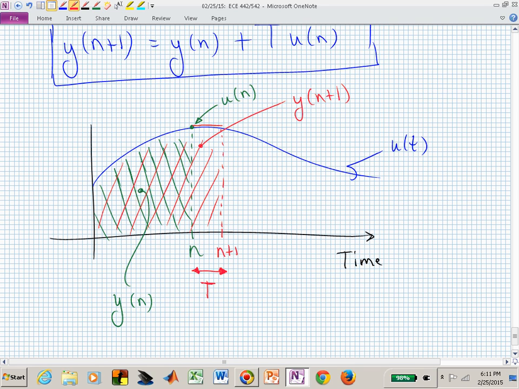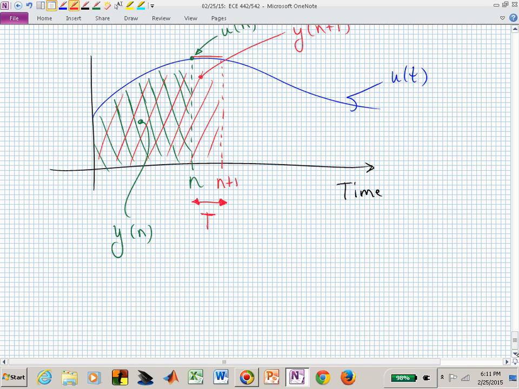This is now a zero order hold equivalent, which means we're holding it flat between samples. And at time n plus 1, to get the area under the curve at y of n plus 2, we just add T times u at n plus 1.